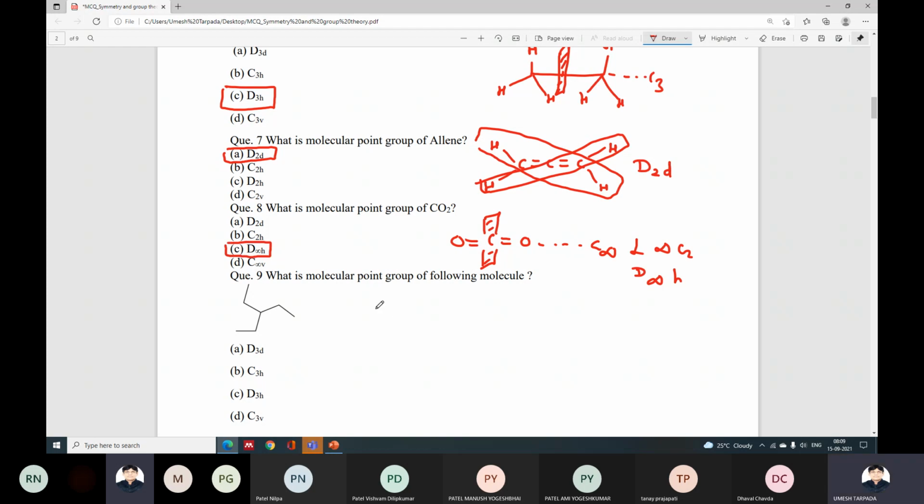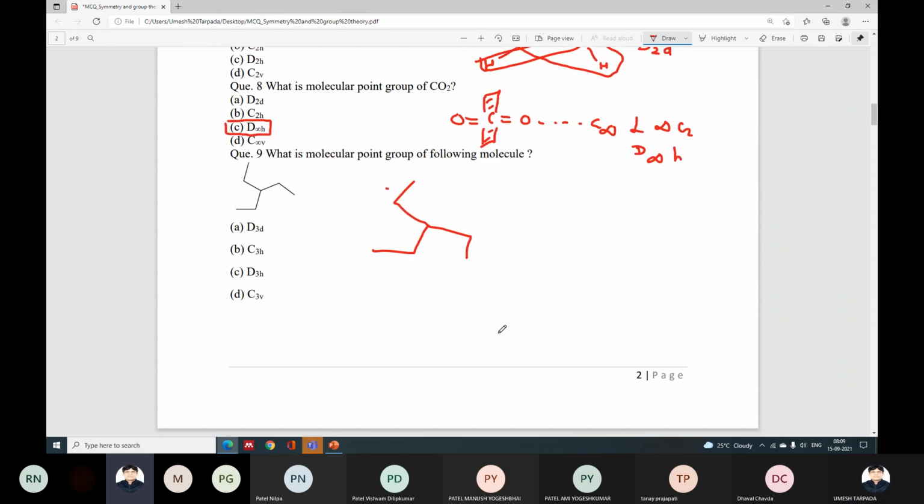What is the point group of this shape? Which one is the principal axis? C3 is the principal axis. How many C2 are perpendicular to C3?